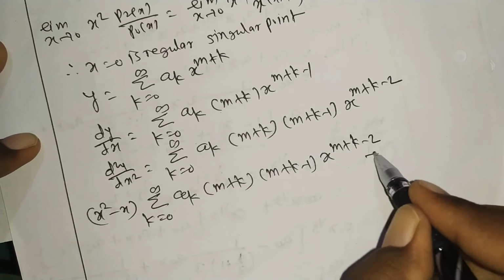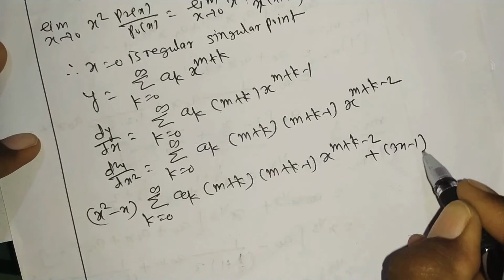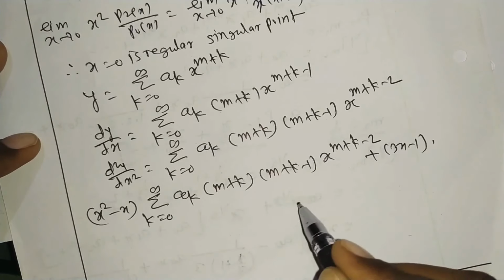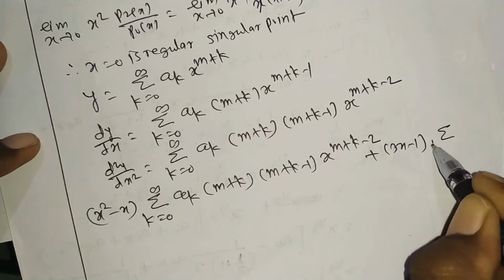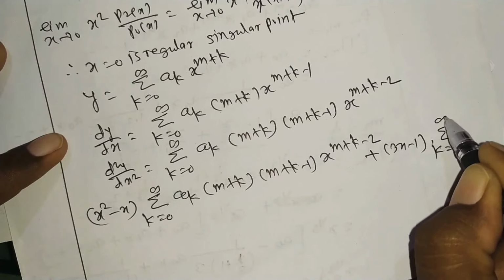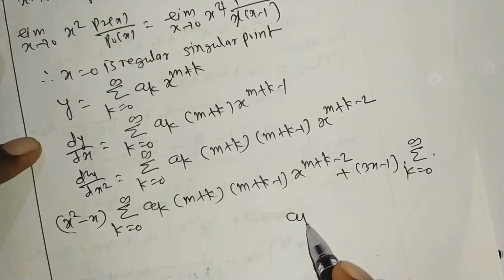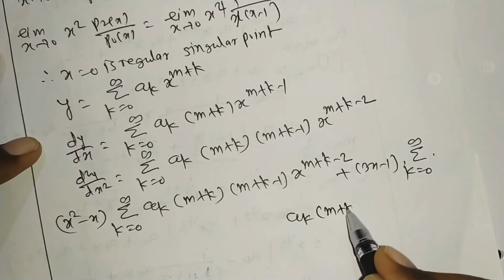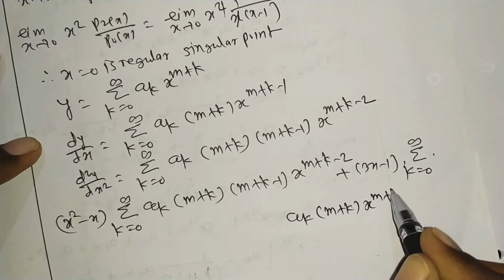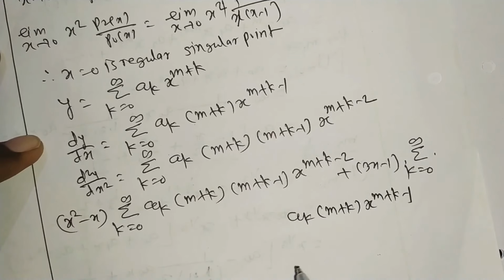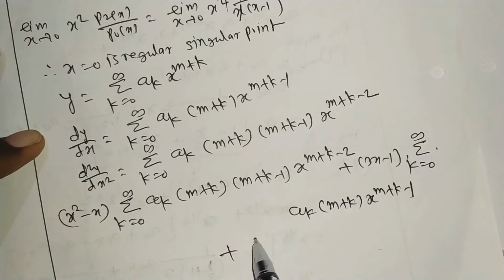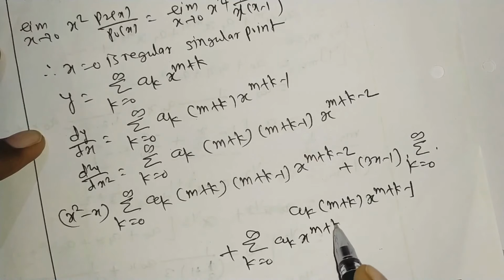The next one is plus (3x minus 1) into dy/dx, and dy/dx is summation of k from 0 to infinity a_k (m plus k) x to the power m plus k minus 1, and last term plus y, and y is summation of k from 0 to infinity a_k x raised to m plus k equal to 0.